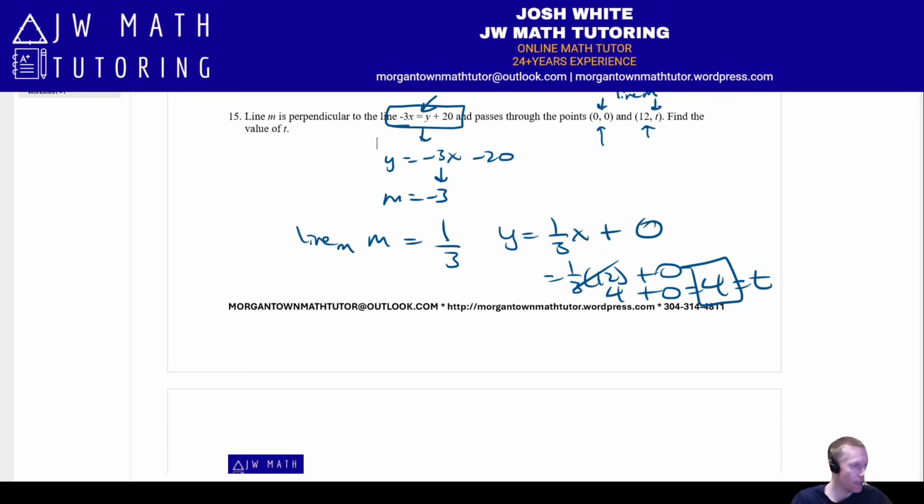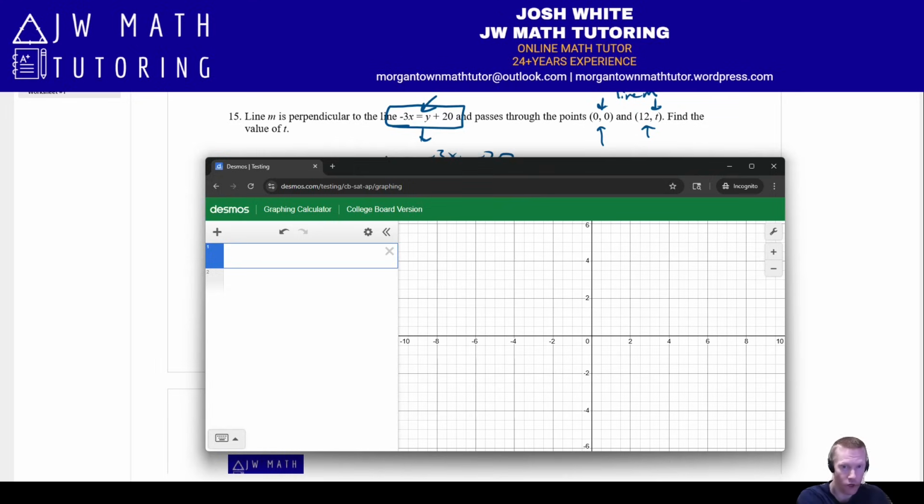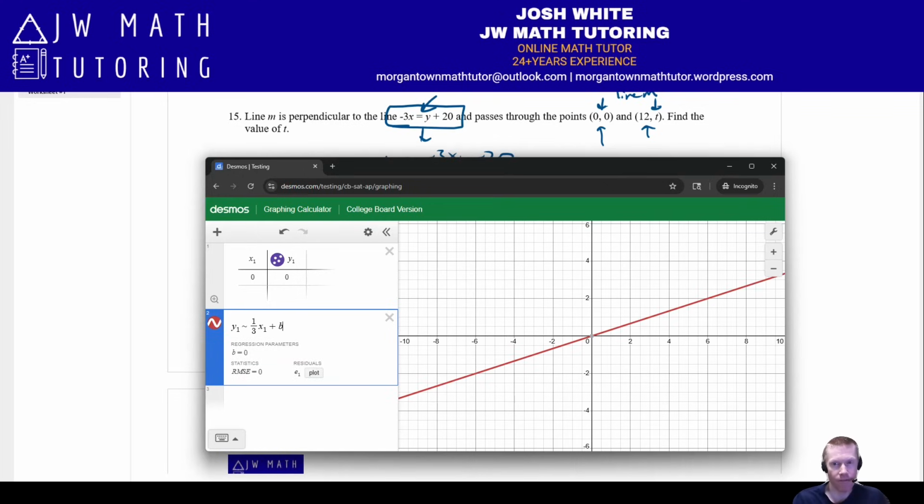Once you know that, you can put in the points, and you only need the 0, 0 because I'm going to type the linear regression since I know the slope is 1/3. Now, once I have that, I need to find where the point 12 comma something is.